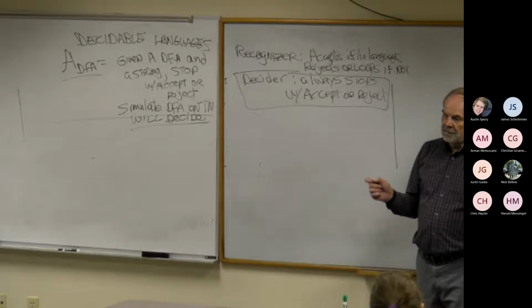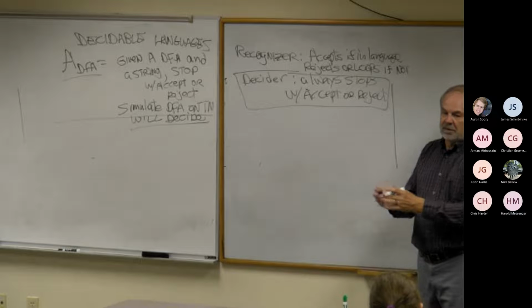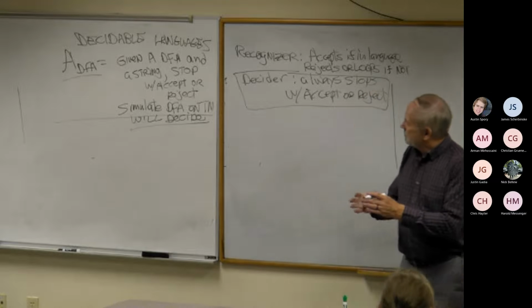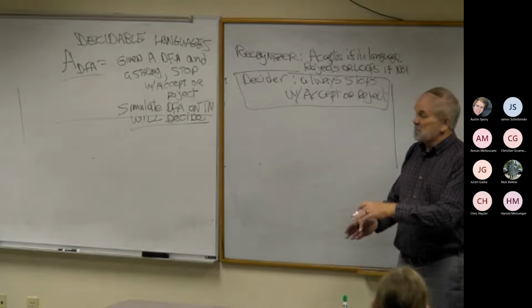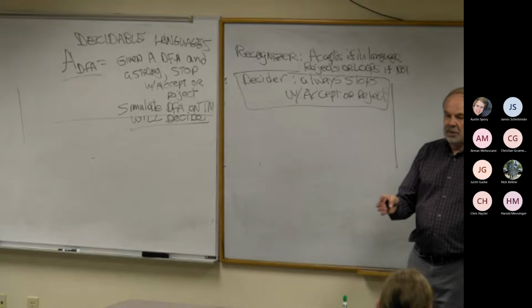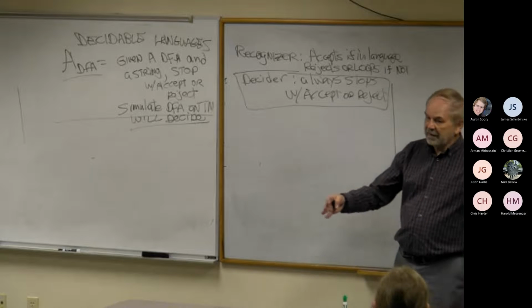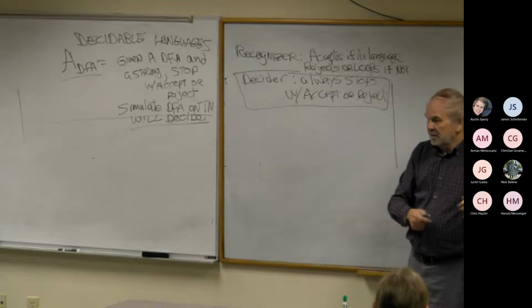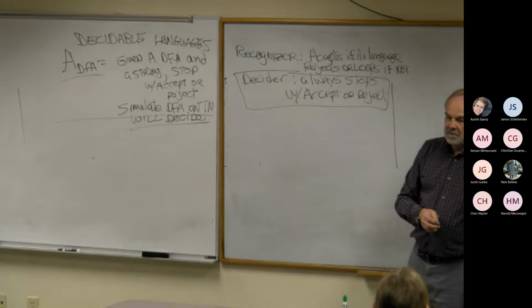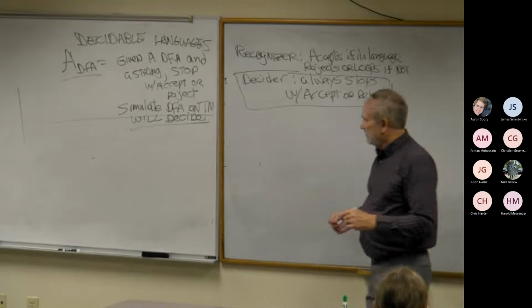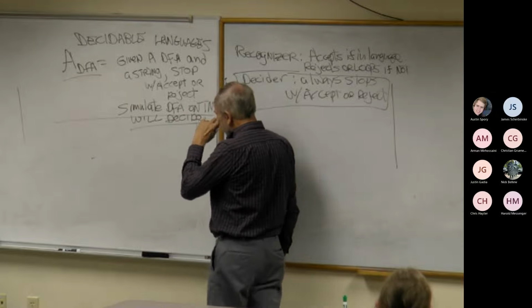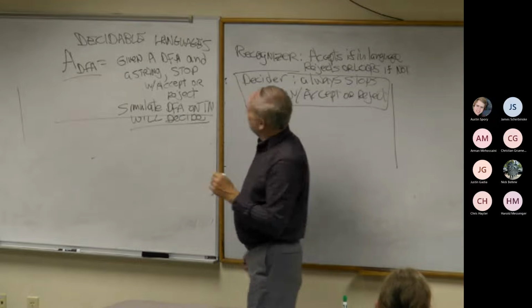When does the DFA stop? When it gets to the end of the input. The DFA does one move for every single input character. So you give it a finite input string, it will go through a finite number of steps, and it will either end up in an accept state or a reject state. That's just how it's built. If we simulate the DFA on the TM, it will decide that question.